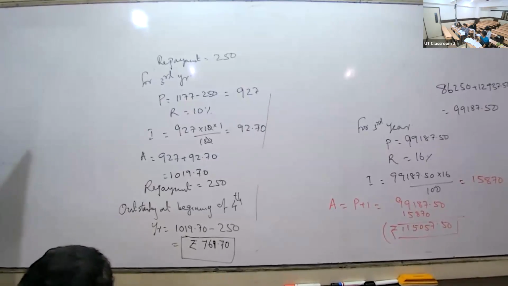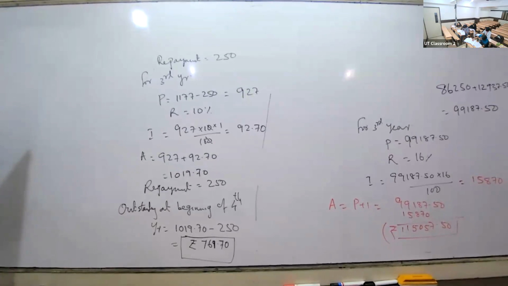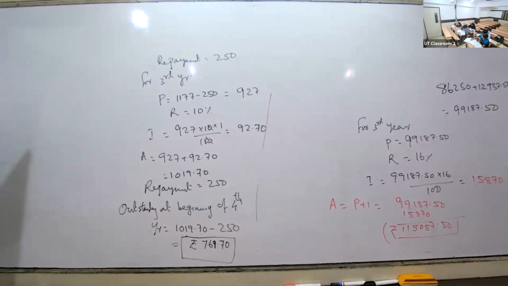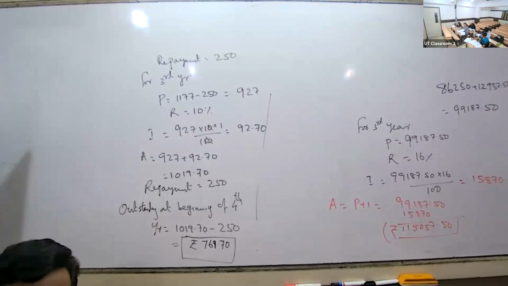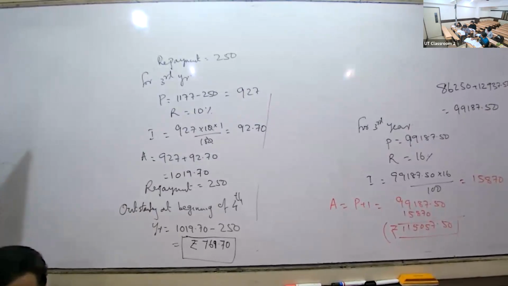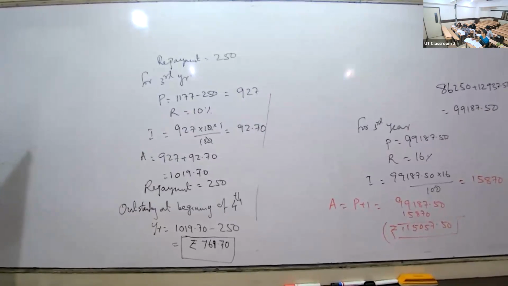Therefore, the amount is equal to 18,900 plus 945, which is 19,845. Therefore, CI is equal to amount minus principal, the final amount minus the initial principal.